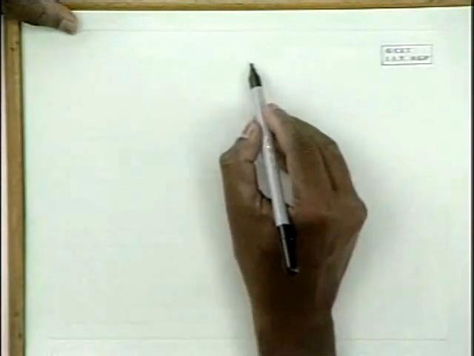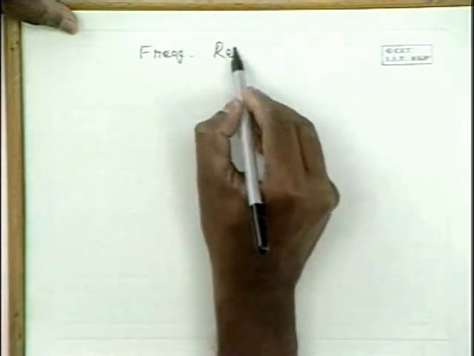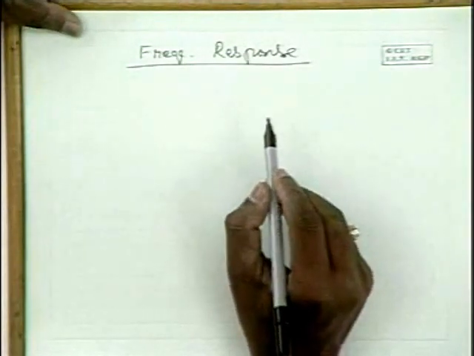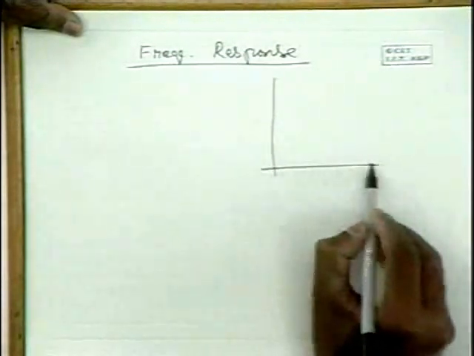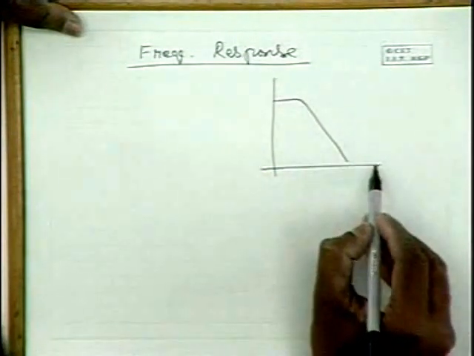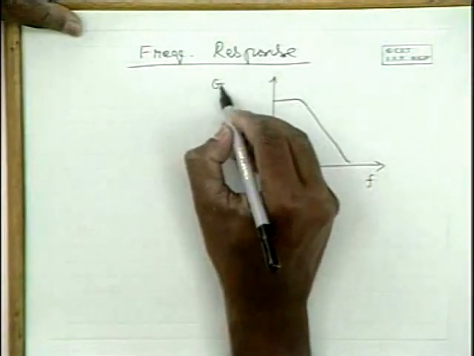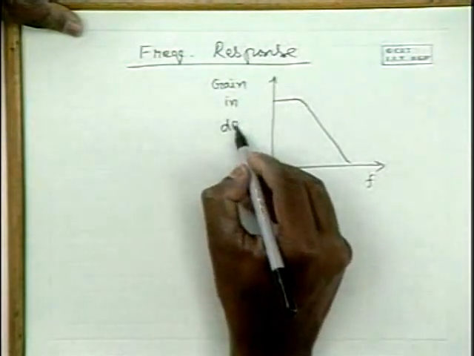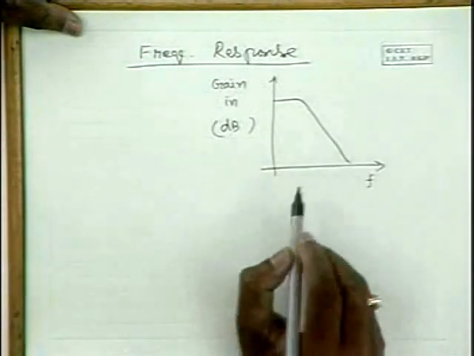Now if you find the frequency response of an operational amplifier, because of so many stages of amplification, the frequency response is like this. So gain is usually expressed in dB, and the frequency is given here.